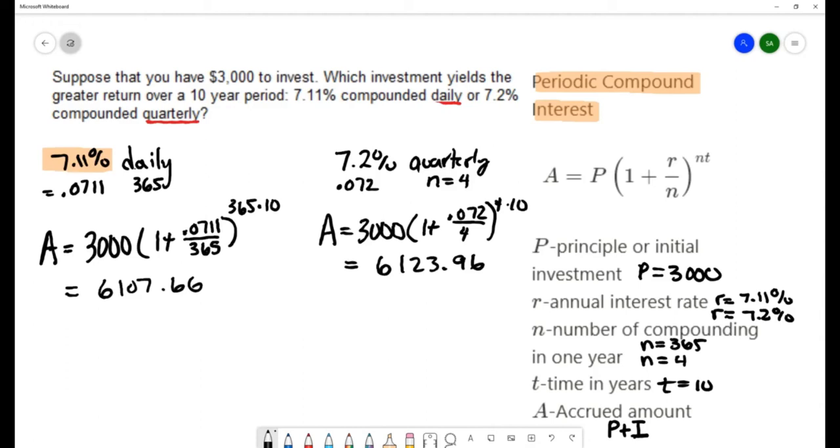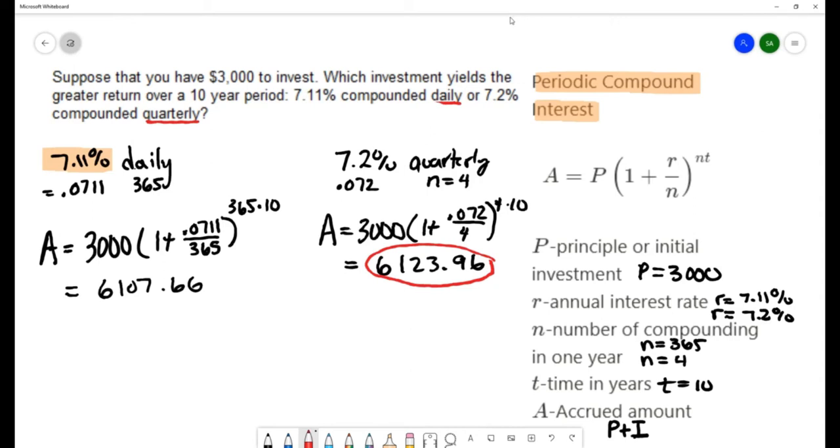So the account that gives us more return on our investment after a 10-year period is the 7.2% compounded quarterly. So the higher interest rate on this one gave us a better return.